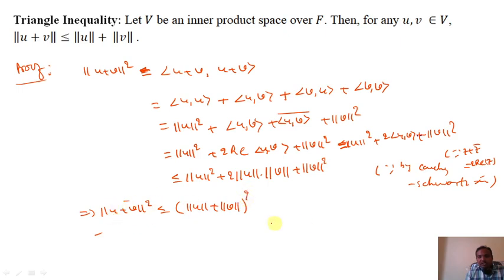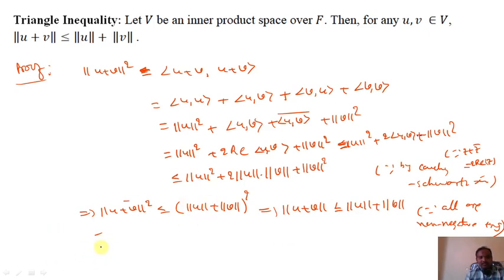But these all are non-negative terms, so norm u plus v is less than or equal to norm u plus norm v. That's one. This is the triangular inequality.